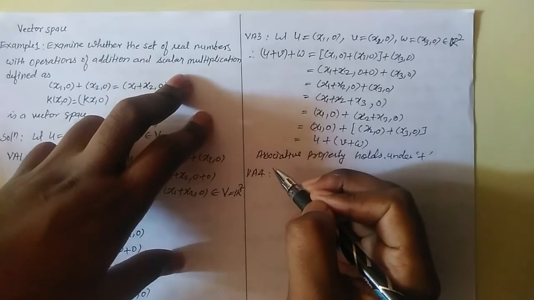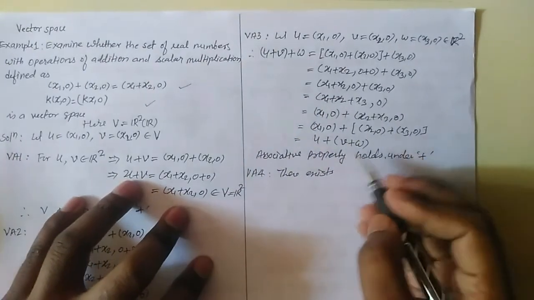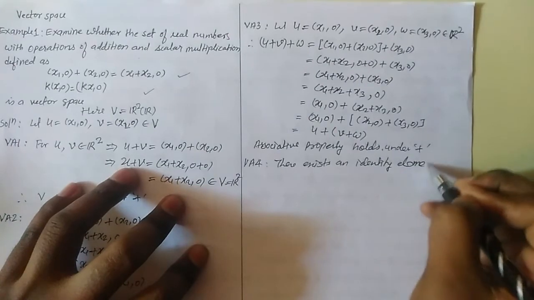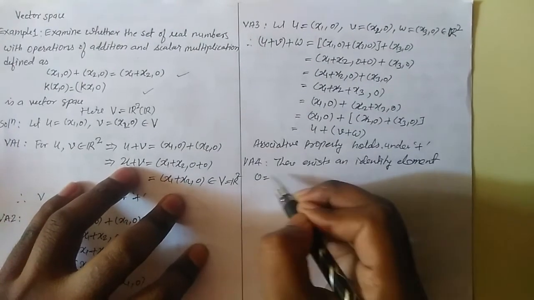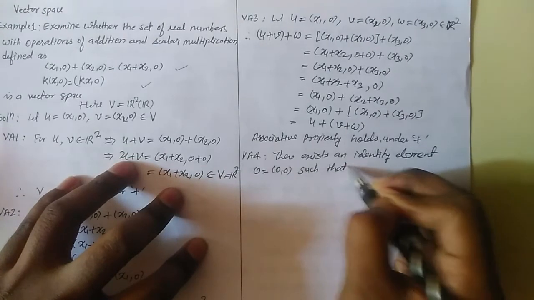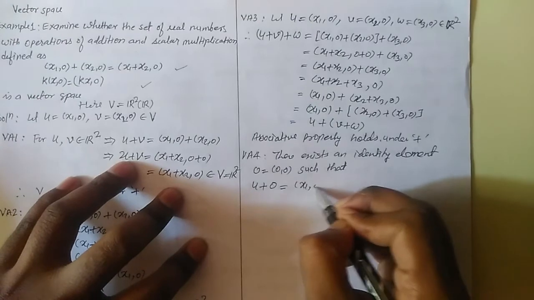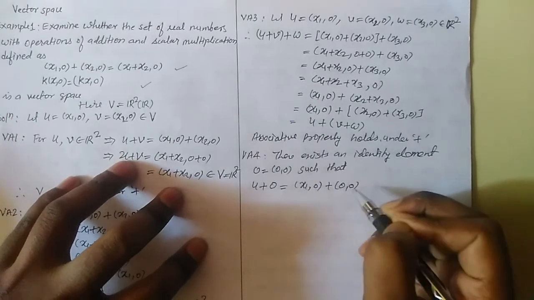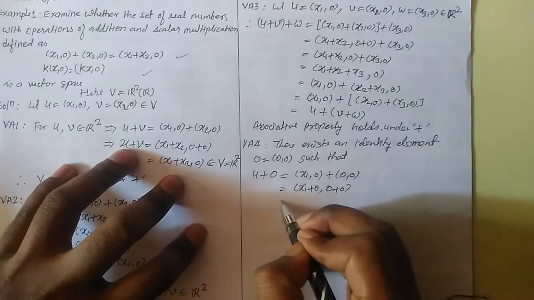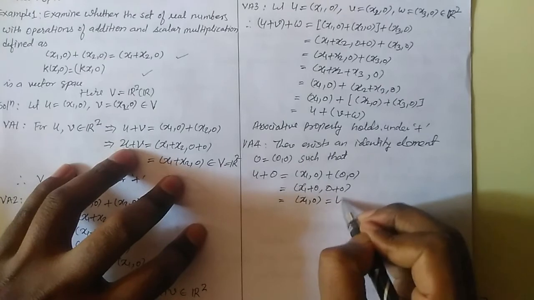Next axiom, VA4, which is the existence of an identity element. There exists an identity element 0 = (0, 0) such that u + 0 = (x1, 0) + (0, 0). Adding, x1 + 0 and 0 + 0, this gives (x1, 0), which is u.